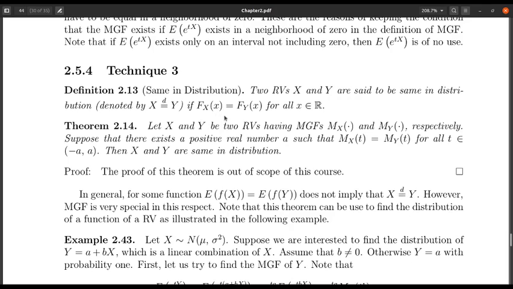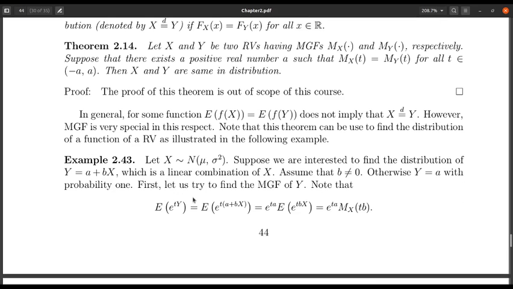The moment generating function is very special in this respect: if the moment generating functions are the same in a neighborhood of the point 0, the distributions of both random variables are going to be the same. But this is not true in general. Obviously, if two random variables have the same distribution, then the expectation of any function of X is the same as the expectation of that function of Y. But this equality in general does not imply that equality. Okay, I hope this point is clear.